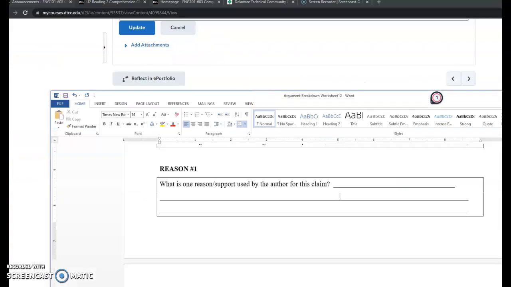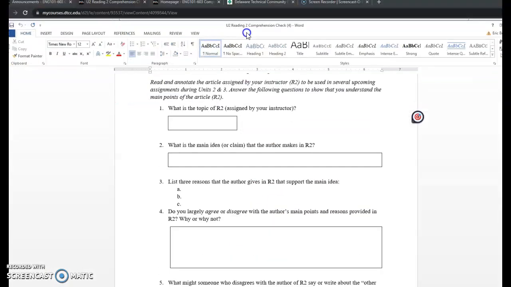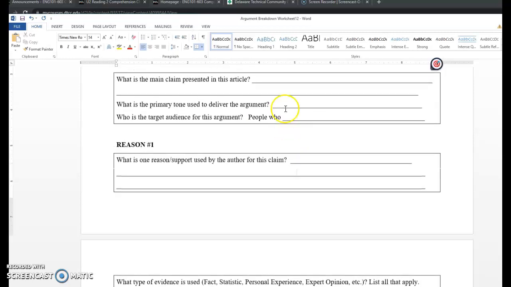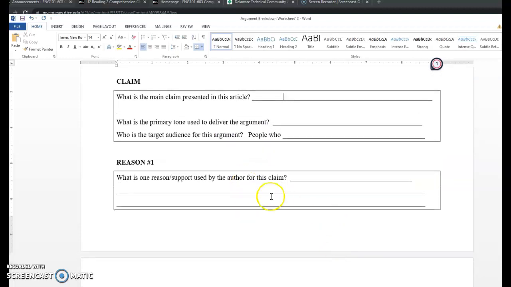Many students, for the comprehension check, just pulled lines from the article and put them 1, 2, 3. You're not really going to want to do that. You're going to want to explain them in your own words. Practice your paraphrasing. What's one reason that this person lists for their claim? What's the one argument they make supporting this general claim? That's what you're going to want to write here in your own language.